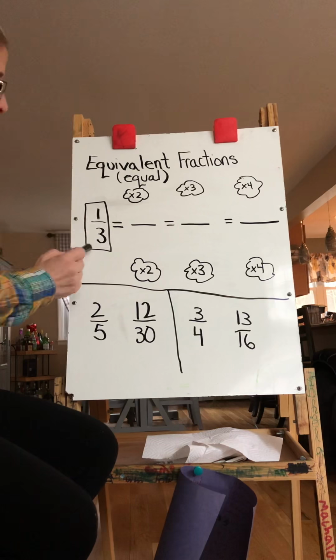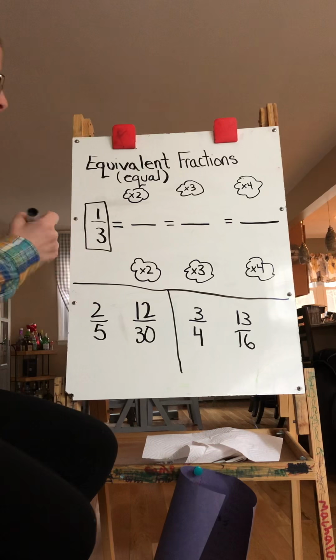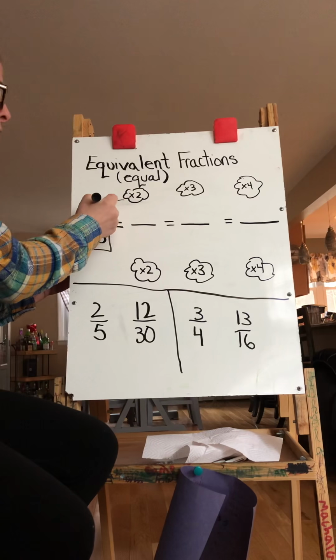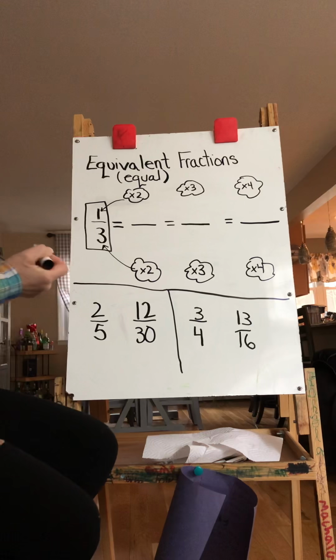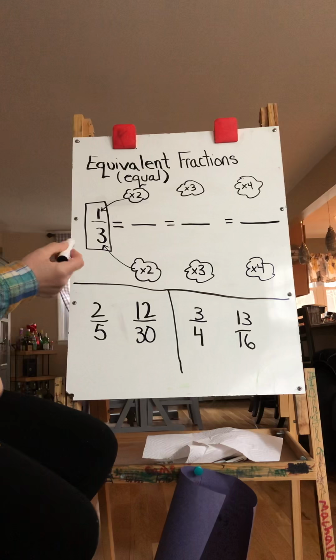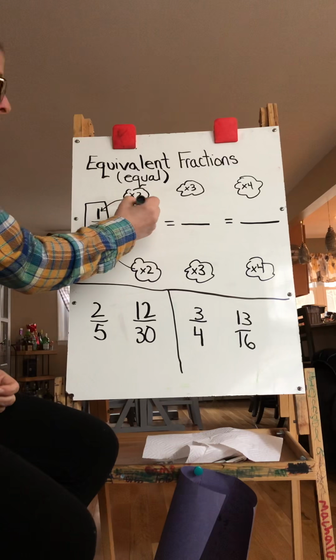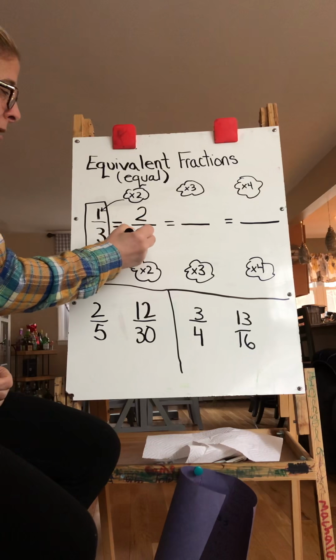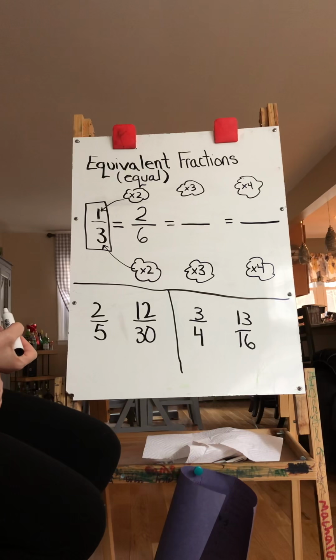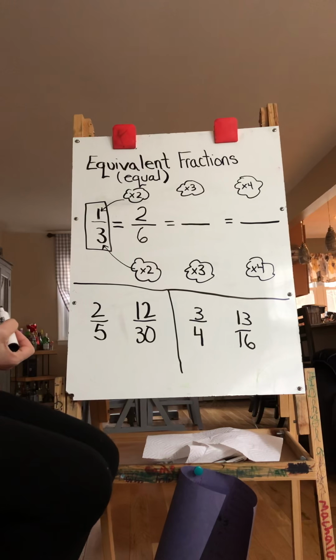I put the 1/3 in a box because we will always go back to the original fraction to work with. So if we have 1/3 and we use our multiplication, 2 times 1 is 2, and 2 times 3 is 6. 2/6 is equal to 1/3.